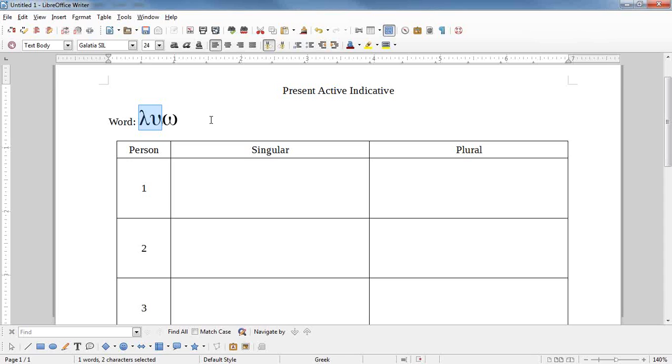Is there any confusion with that? Do I need to explain it again? Yes, Professor. Okay, cool. Explain it a different way. Reword it, maybe. Okay, so let's talk about tense.